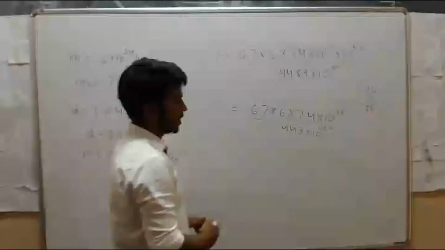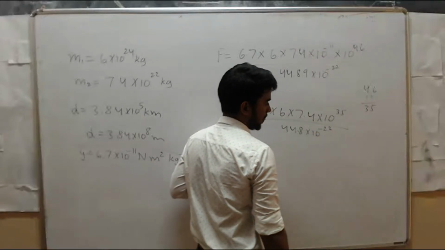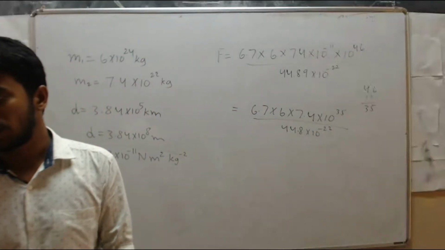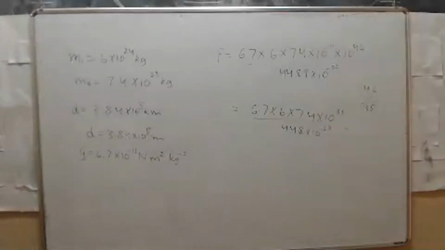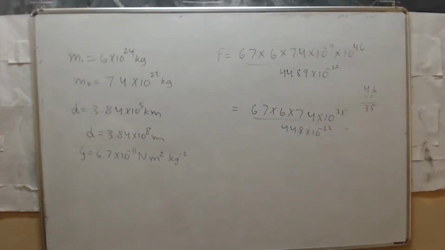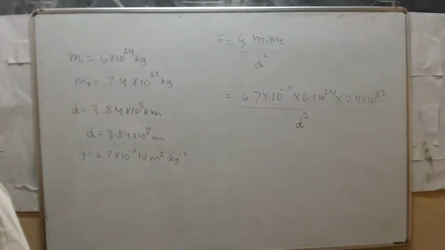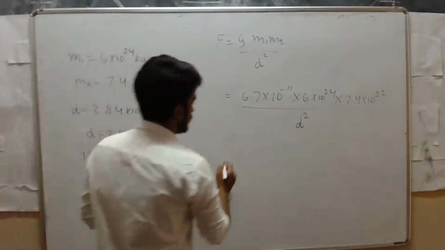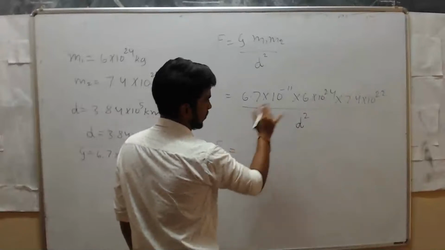So now, see here, take that 10 raised to minus 22 to the upper side, divided by D square. Okay. Now keep all the powers on one side.